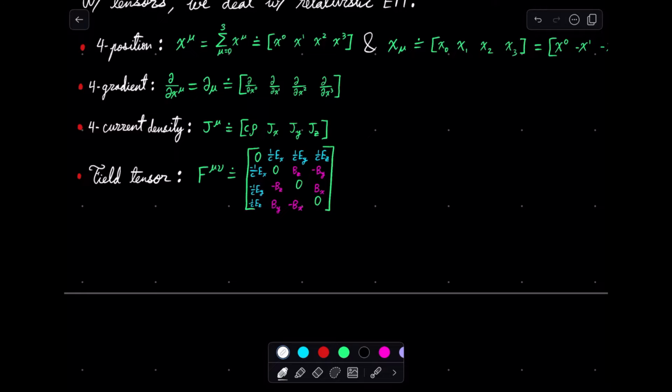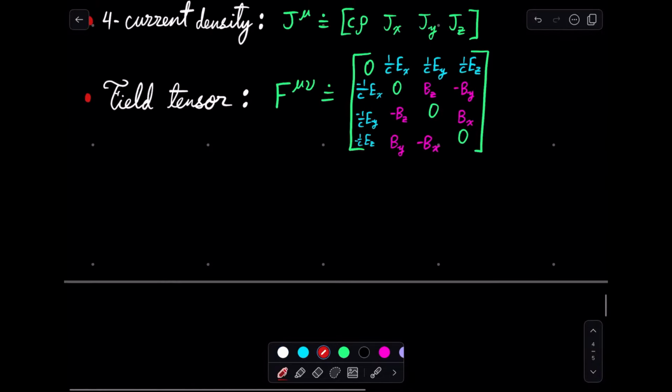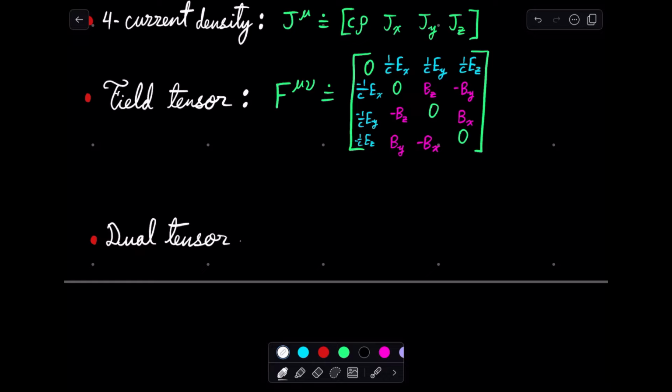However, there's actually another tensor that is needed to demonstrate all of Maxwell's equations, and this tensor is called the dual tensor. I've seen some people call it the gauge tensor, but I prefer the term dual tensor.